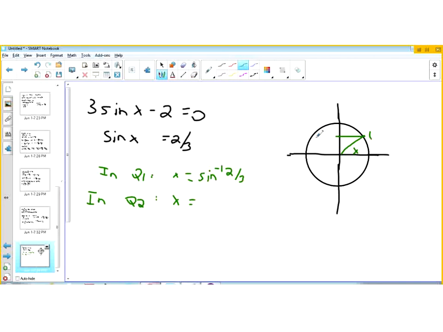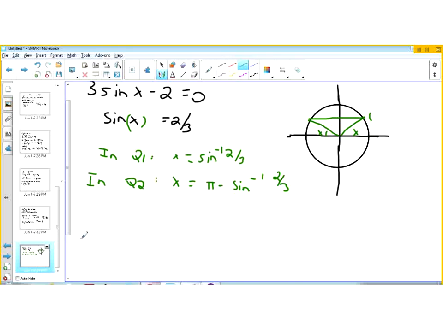And then by reflection, or symmetry, so is the ordinate of this point. And so this angle is x as well. So we know that x must equal pi minus the inverse sine of 2/3. Now this x is not the x on the x-axis; this is just the input. So this problem has two solutions on the unit circle.